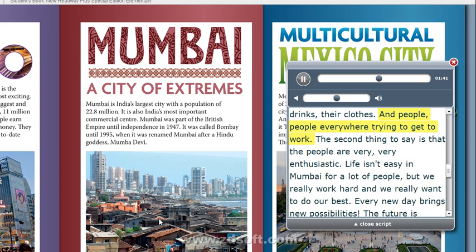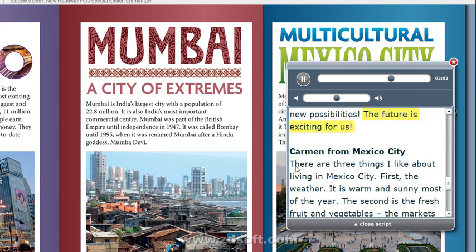And people everywhere trying to get to work. The second thing to say is that the people are very, very enthusiastic. Life isn't easy in Mumbai for a lot of people, but we really work hard and we really want to do our best. Every new day brings new possibilities. The future is exciting for us.